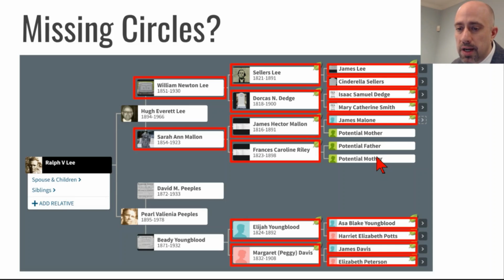So looking at my paternal grandfather, you can see pretty good coverage, but there are some important ancestors who are missing. In the case of David Peoples and B.D. Youngblood, I do have some strong matches who are descendants of David Peoples and B.D. Youngblood.